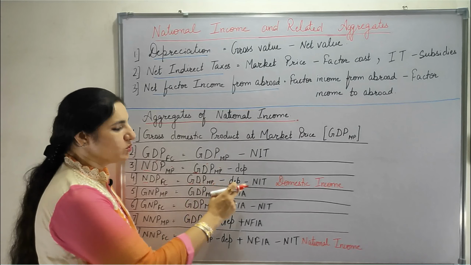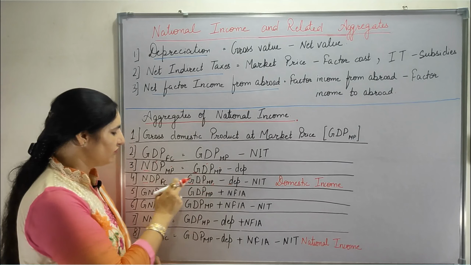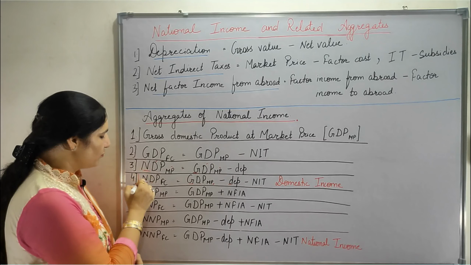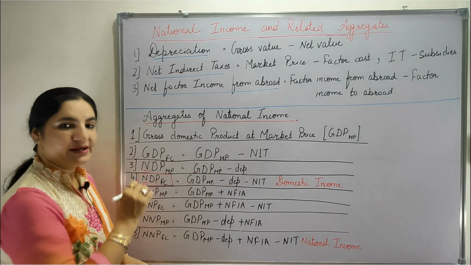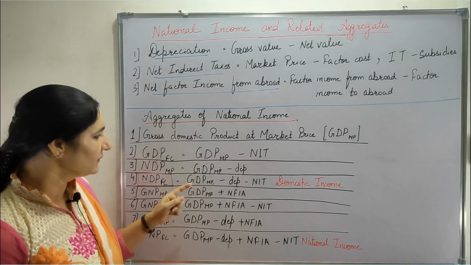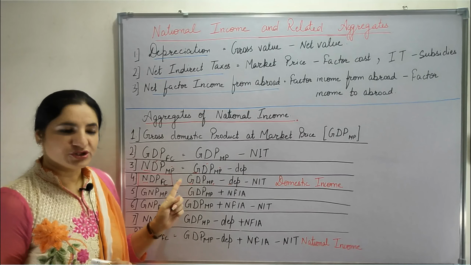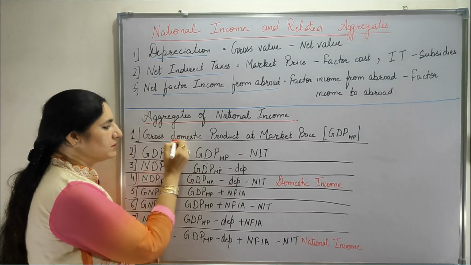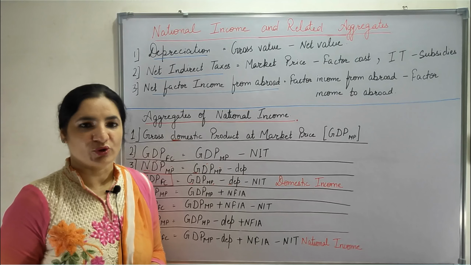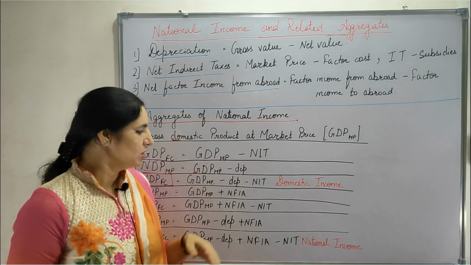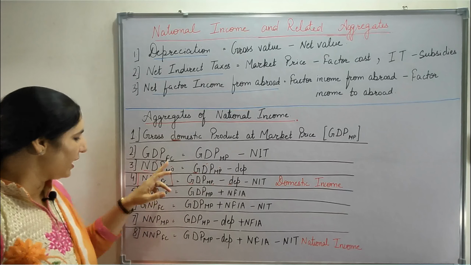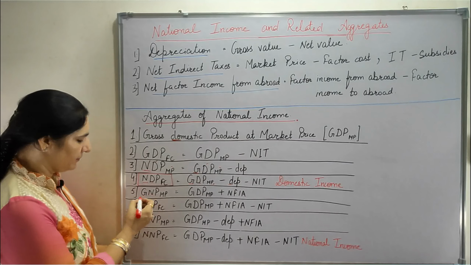So when we reduce NIT from market price, we will arrive at factor cost. I am again repeating, it is important that this NDP at FC is also called as domestic income. In these four aggregates, it should be noted that all the terms are at domestic prices, means net factor income from abroad adjustment has not been done. So further we are taking all the aggregates at national product basis and these changes will be made accordingly.